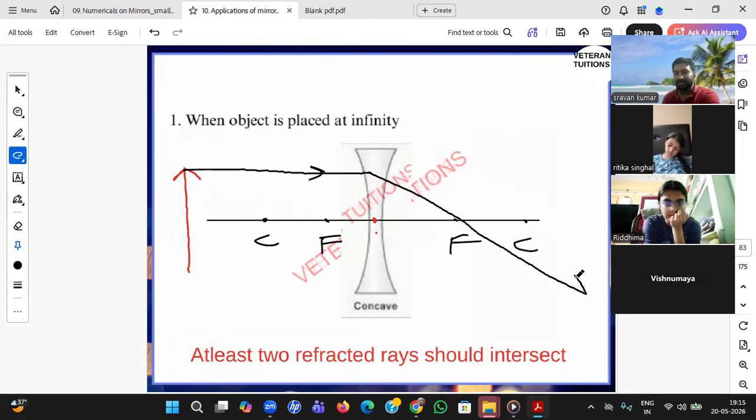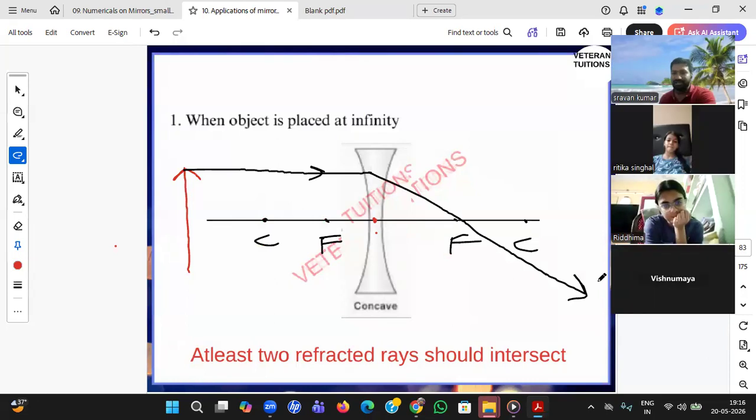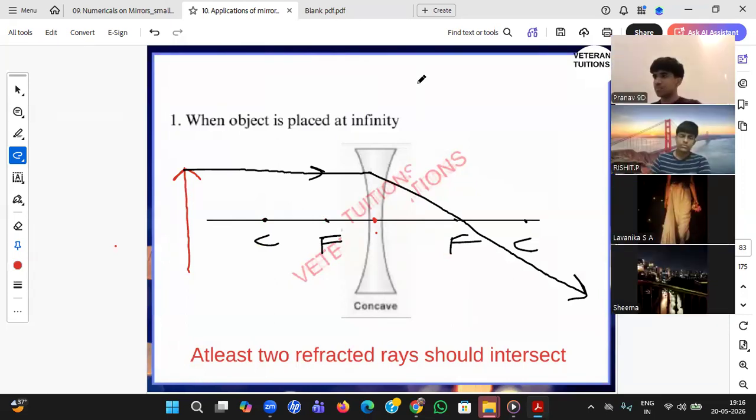Can I say like this, Ridhima? Is it right? Yes. Okay, anybody who wants to differ? Ritika, Pranav, Vishnumaya, Rishit, Sai Chaitra, Lavanika, Yashashvi, Shima. Is it right? Okay, Sai Chaitra wants to differ. Go ahead. Sir, I think it moves away from the principal axis.